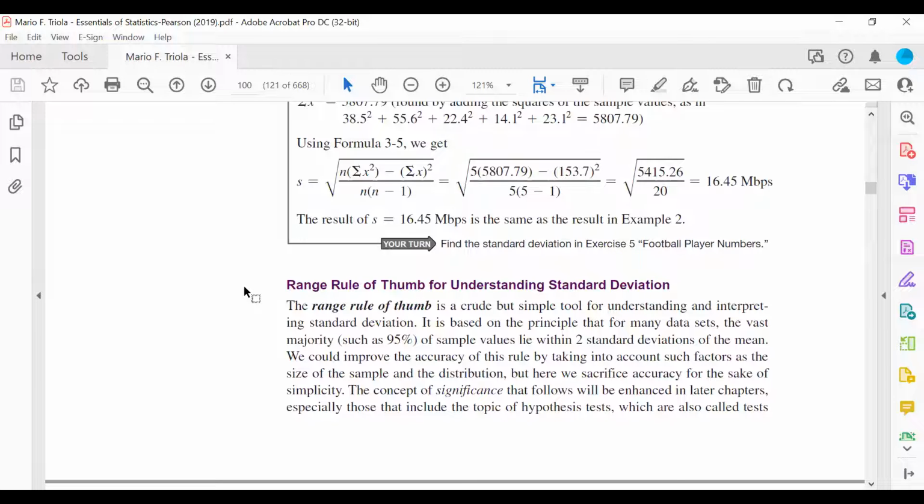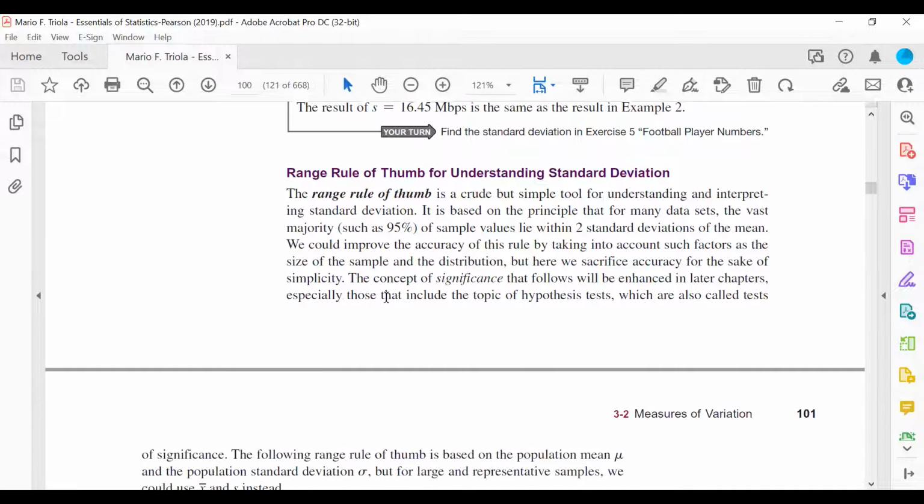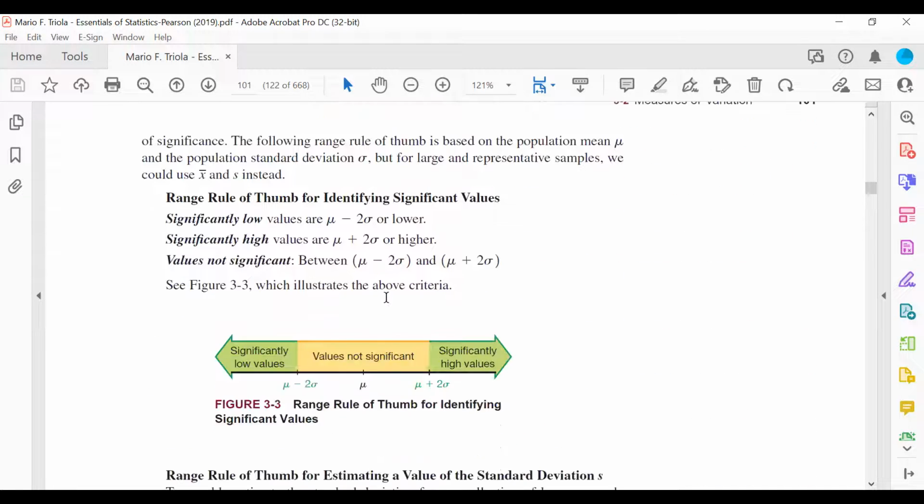So we're going to go through those two range rule of thumbs. All right, so the first one is called the range rule of thumb for identifying significant values. I'm going to share with you in a minute an example of where you would use this procedure.